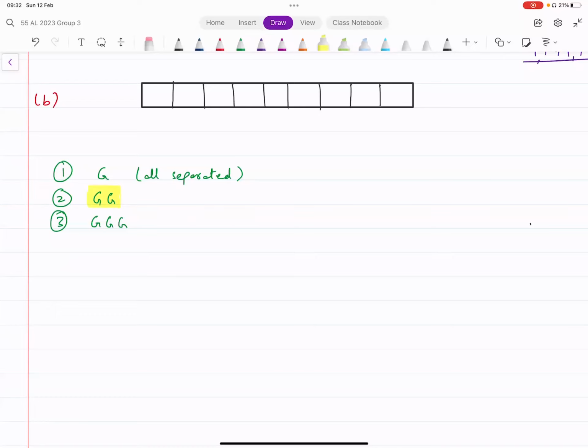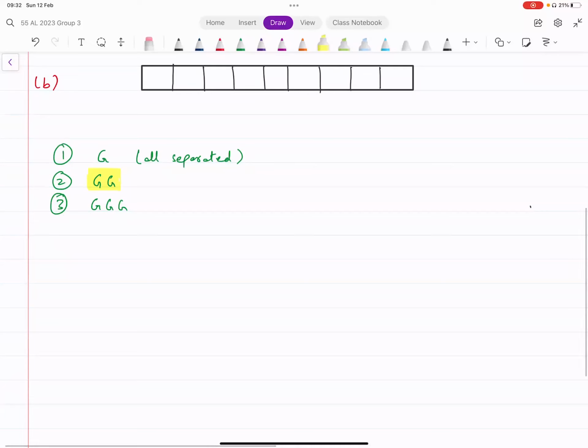Now one idea could be that we know how to find the case when we want all 3 G's together. We know how to find that. We also know how to separate all of them using that vertical lines method, right? Or was that the stars method? We know that too.